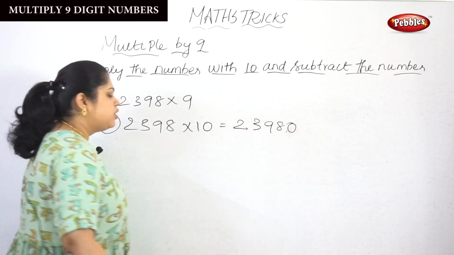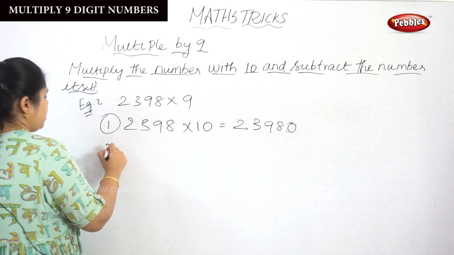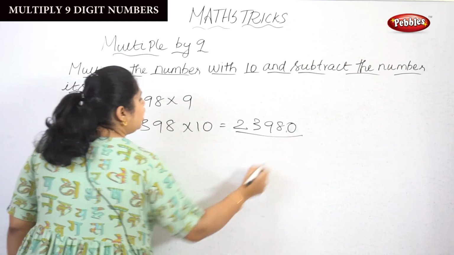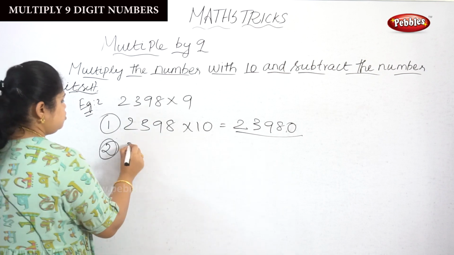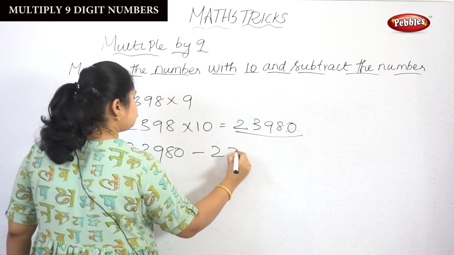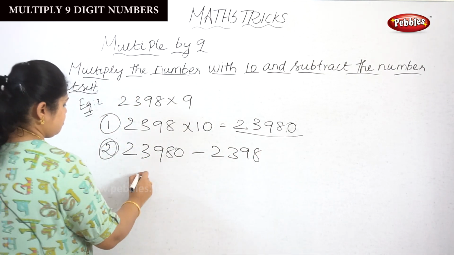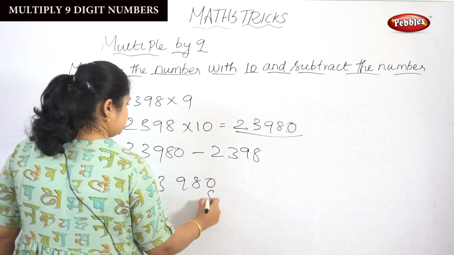Next, what is the second step? The number should be subtracted from itself. That is, this number is subtracted by this number: 23,980 minus 2398. I am going to perform the subtraction.